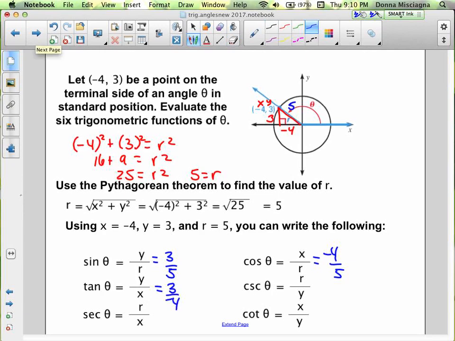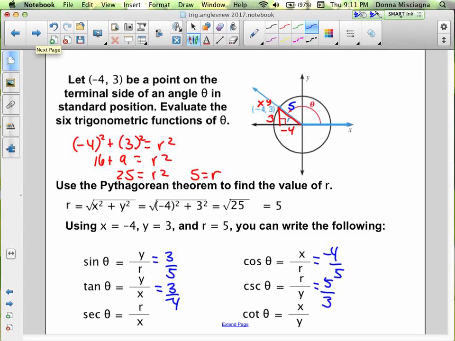Right? And so cosecant, I guess I did the 3 principal ratios and then did the 3 reciprocals. So cosecant is r over y. Right? So that's going to be 5 over 3. That one's positive. Secant is r over x. Right?